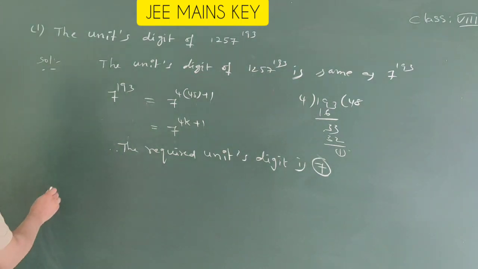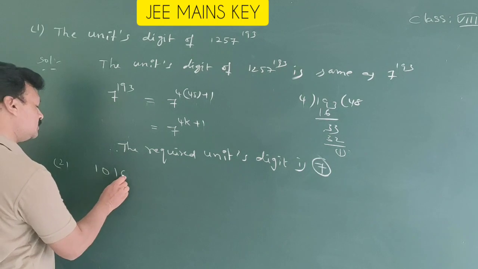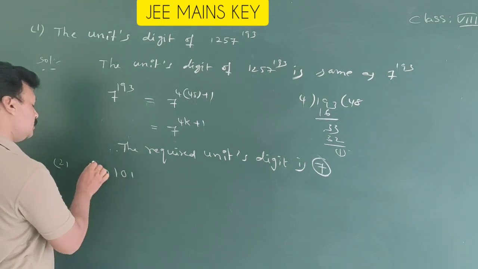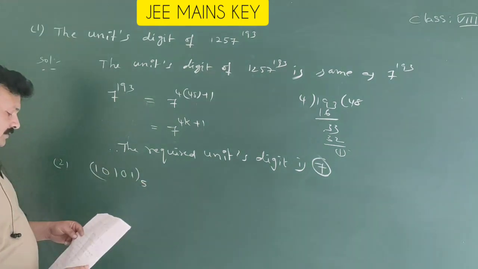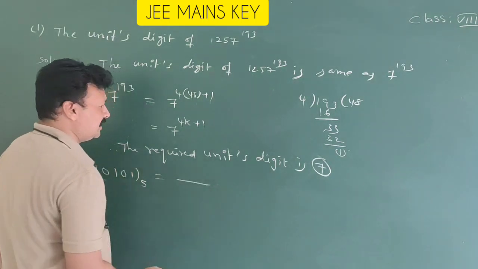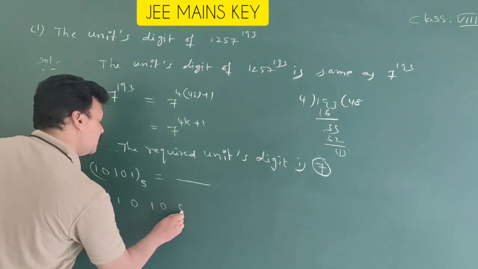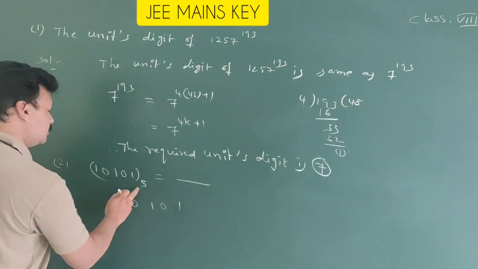Next, second question. Here 10101 to the base 5 equals dash. First of all, we need to convert 10101 to the base 5.